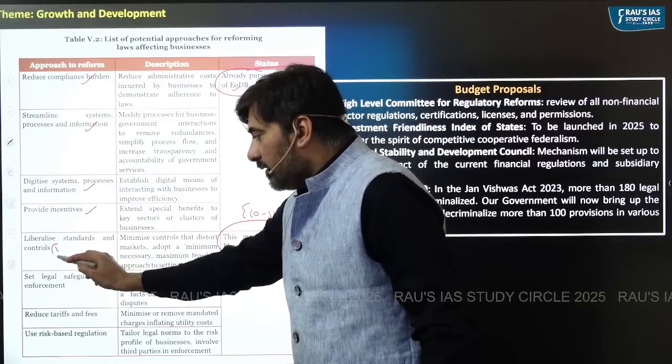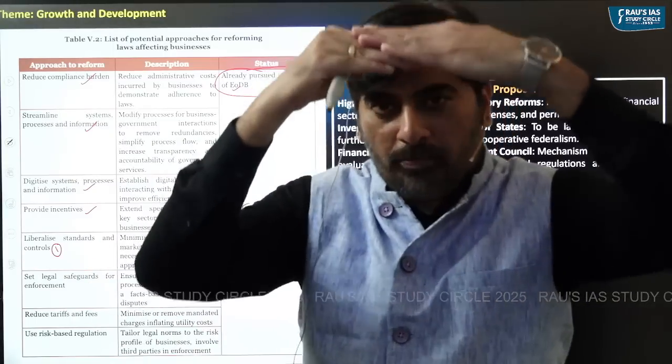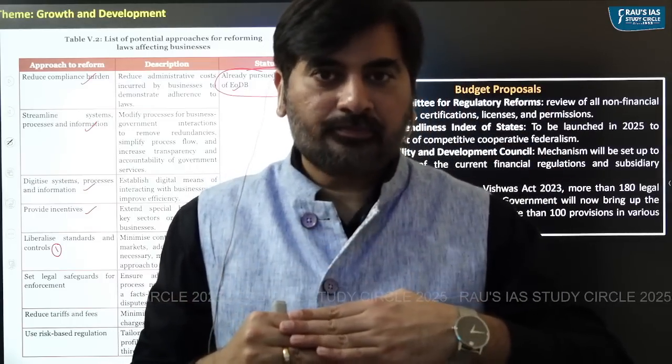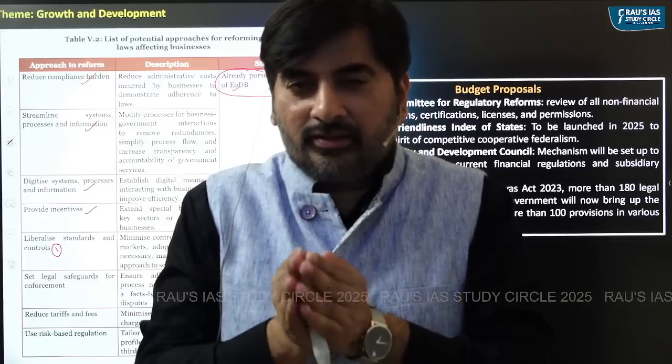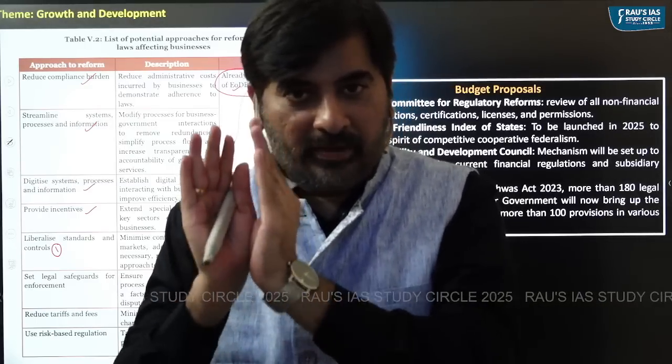Number 1, the Economic Survey says we have to undertake a comprehensive review of all the rules and regulations, and only those rules and regulations which we think are utmost necessary, we must persist only with those.